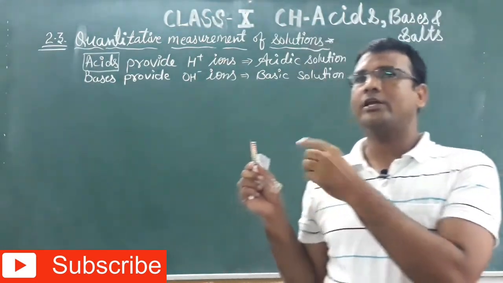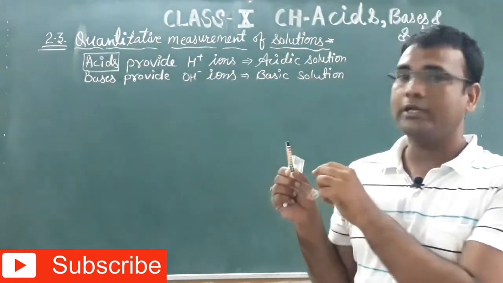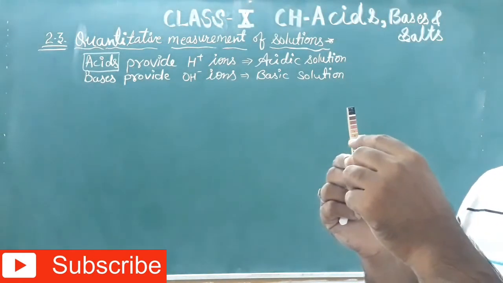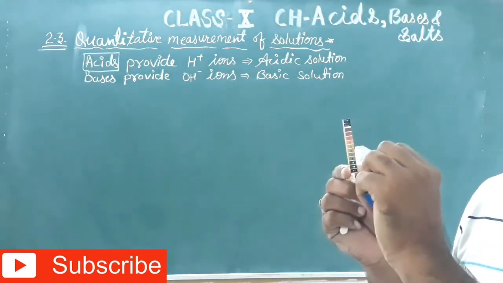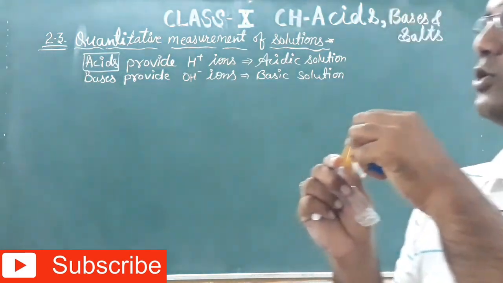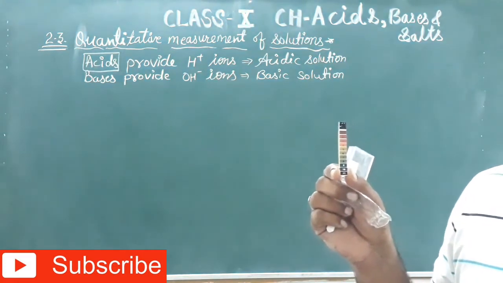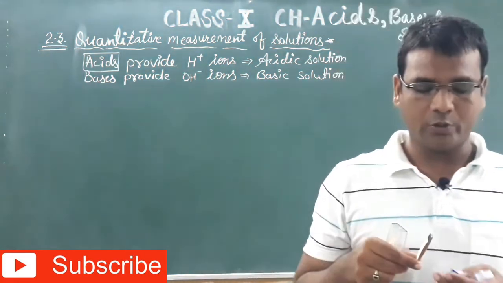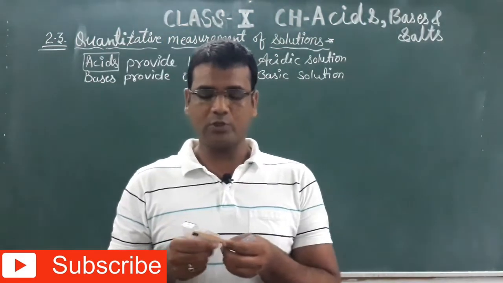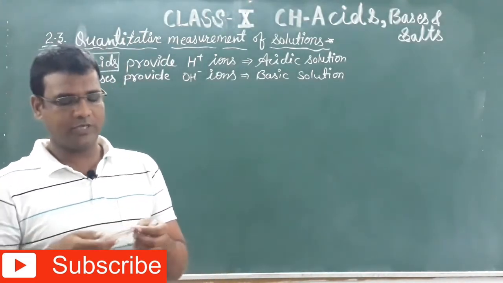If the pH of a particular solution matches number 1, that dark brown color, then the pH of that solution is 1. Many strips are there. You just dip the strip in that particular solution and you will get the answer: this is the pH of this solution. So this is what you call universal pH paper.